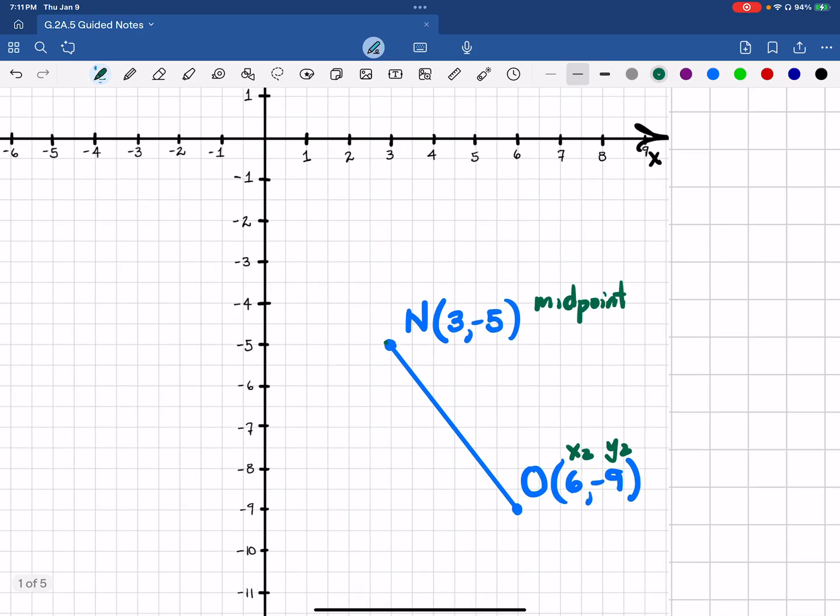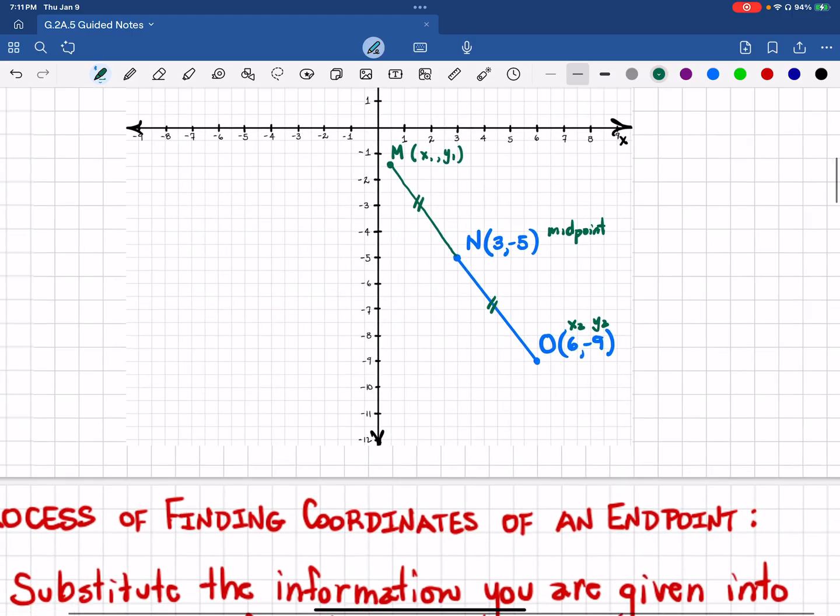So what they're asking us to do is find the missing endpoint of this line segment that is maybe somewhere around there, and this is going to be point M, and this will be our x1 and our y1. Now you know since N is the midpoint that these two segments have to be congruent.